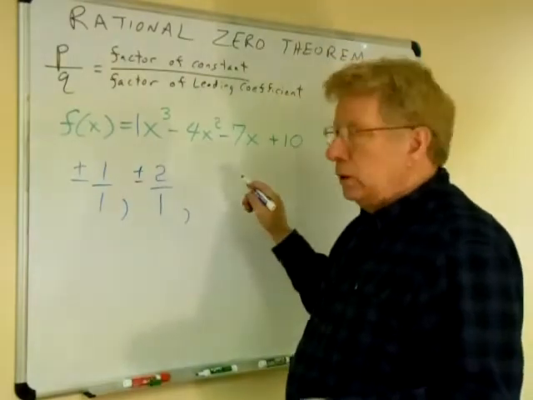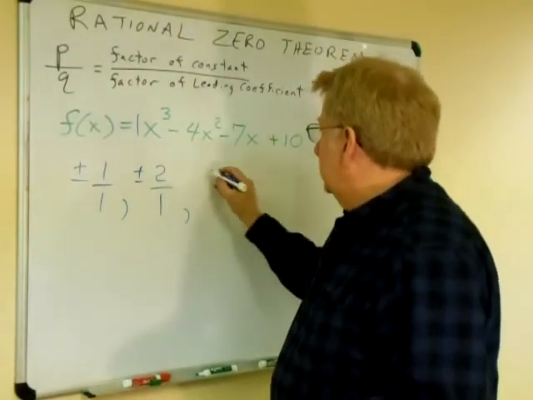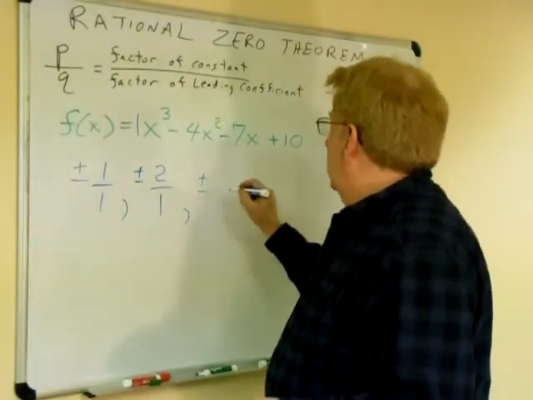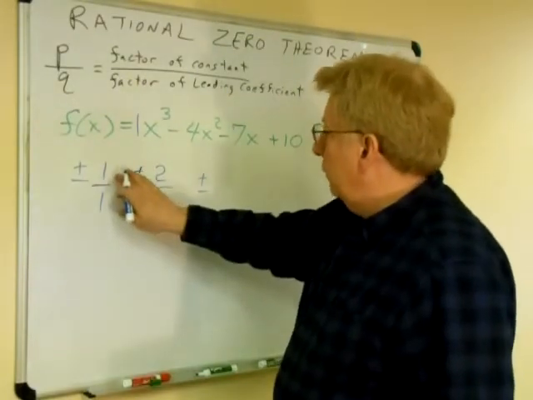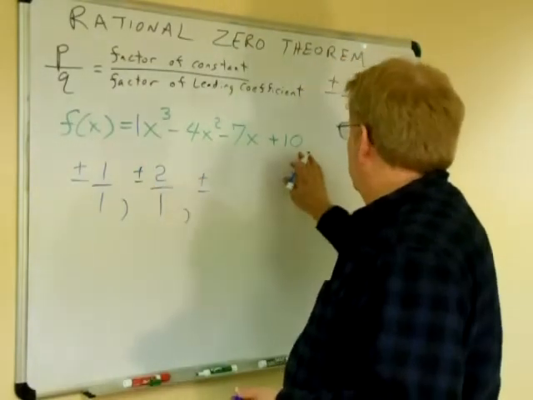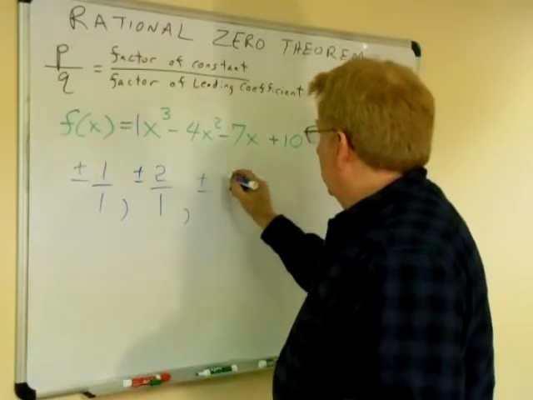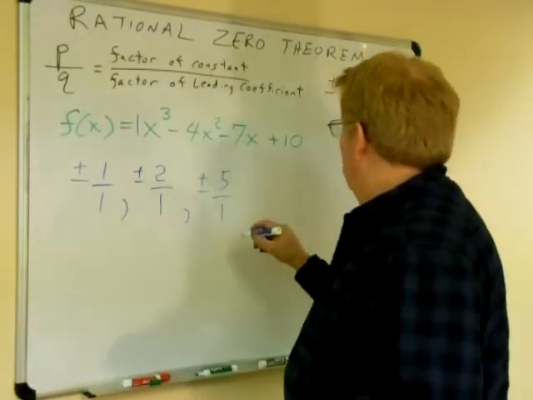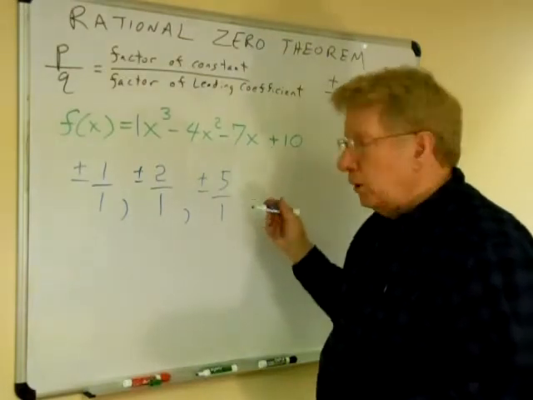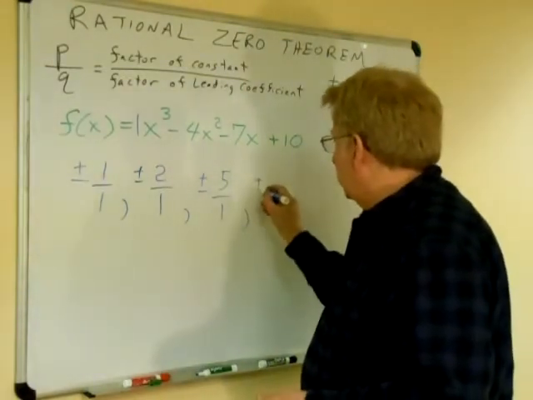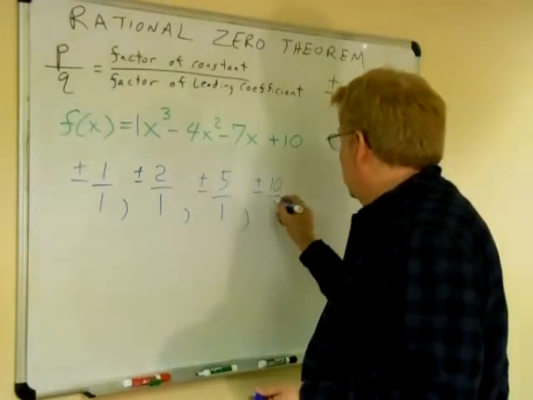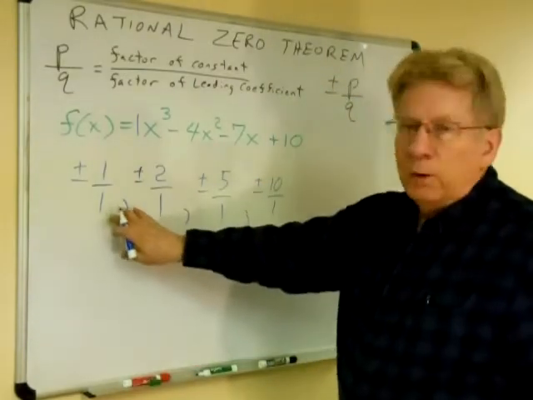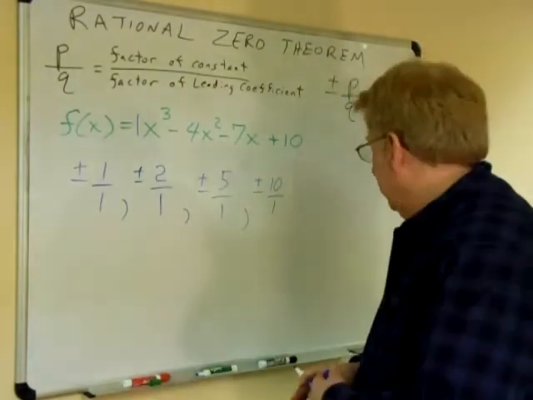Another possible ratio of factors is plus or minus 5 over 1. What else do we have with 10? 10 itself. So we have plus or minus 10 over 1. Of course, when you divide by 1, it's just that number.